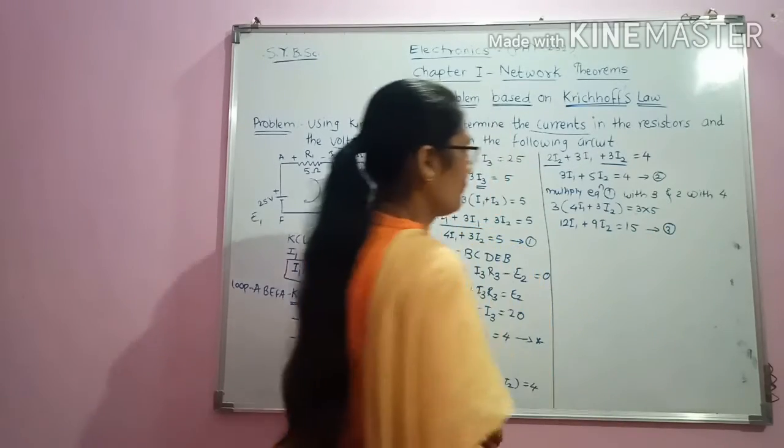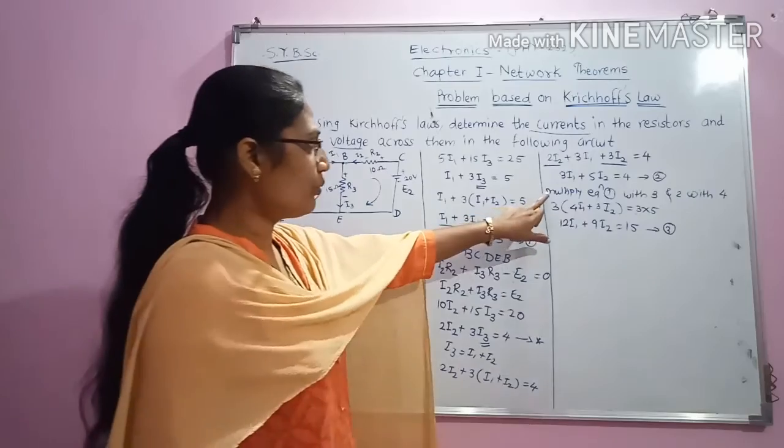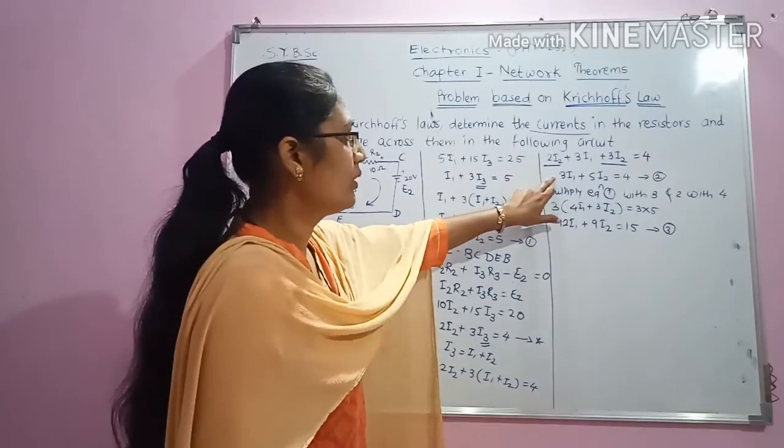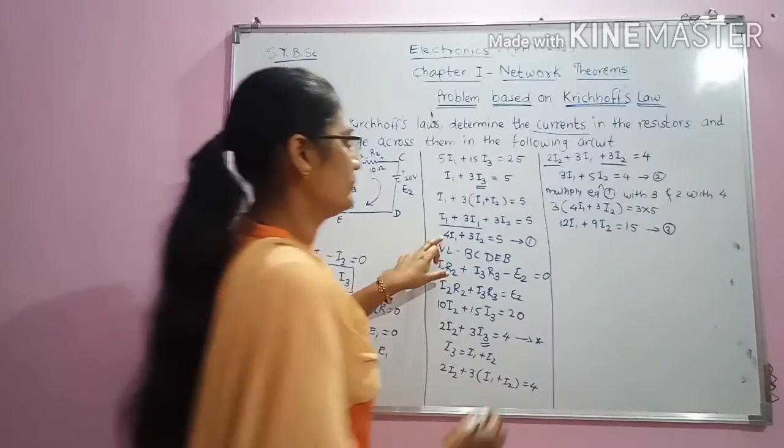This is equation 3. Now we have to multiply equation 2 by 4.